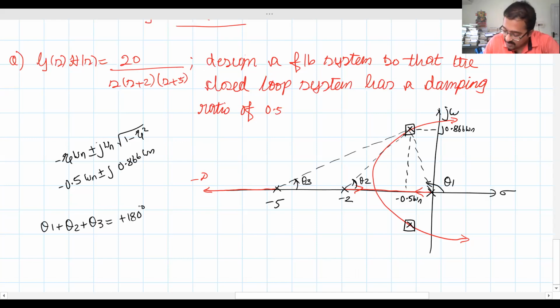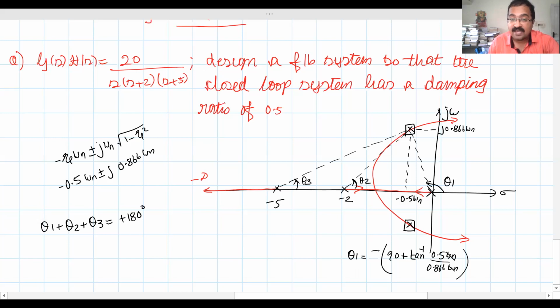Now what is theta 1 from here? Theta 1 will be 90 minus tan inverse of opposite side 0.5 omega n divided by adjacent side 0.866 omega n. You will get some number here because omega n gets cancelled, right? Why the minus sign here?